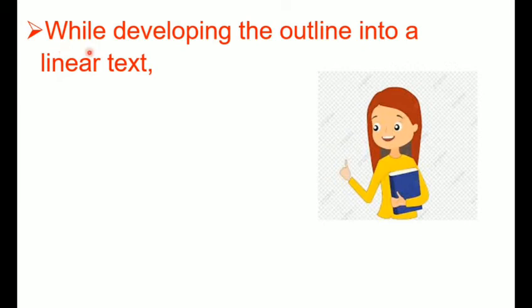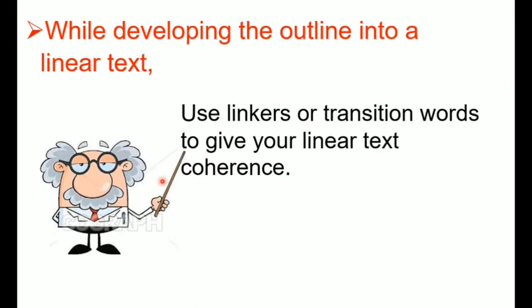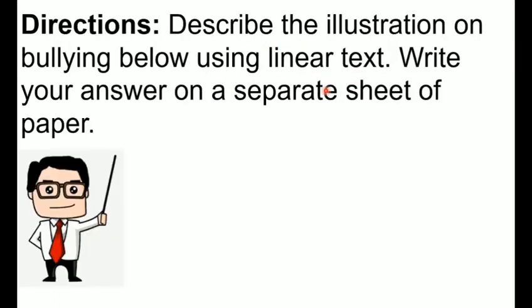Another one is, while developing the outline into a linear text, use a variety of sentences and a wide range of words or vocabulary. And then, use linkers or transition words to give your linear text coherence. Use also words or phrases that describe information in a non-linear source.